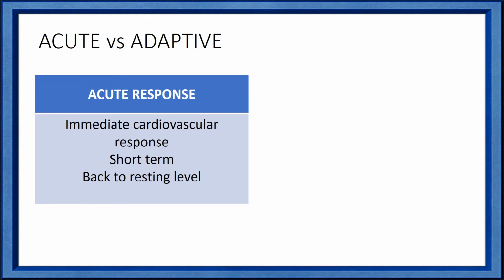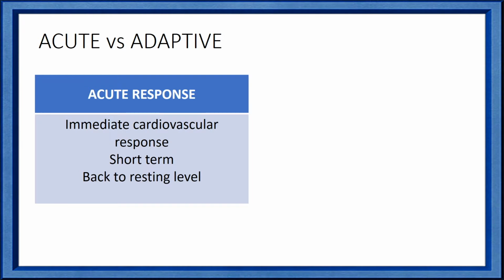Exercise places an increased demand on the cardiovascular system in order to fulfill the oxygen requirement of the working muscles and to carry nutrients, heat, and also metabolic waste products. To perform as efficiently as possible, the cardiovascular system performs responses which are usually short-term changes and would come back to the resting level as soon as the exercise ends.